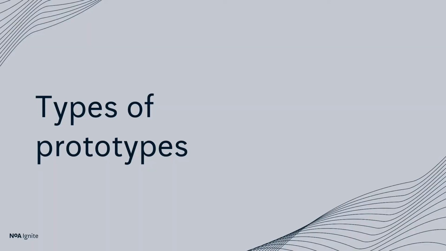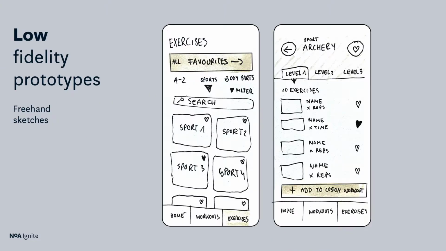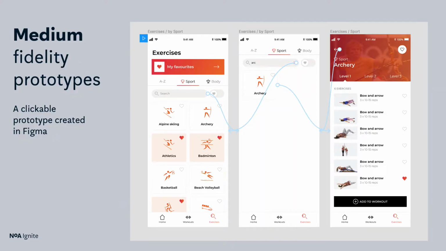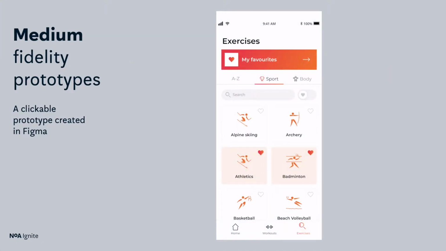We differentiate a few types of prototypes. There are low fidelity prototypes such as sketches, paper prototypes, and clickable wireframes. They help to determine what the final product should be, and most of all, they are easy to revise and are fast and cheap to create. Then we have medium fidelity prototypes, usually including the UI design and basic interaction.